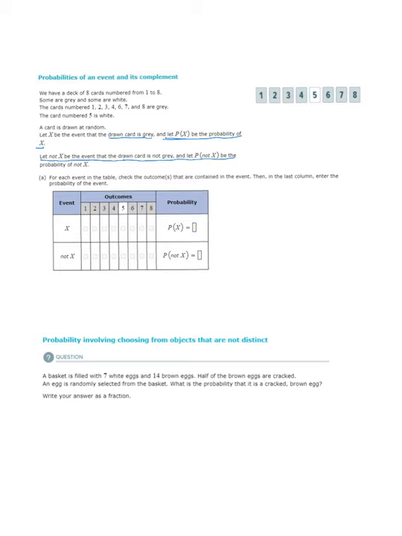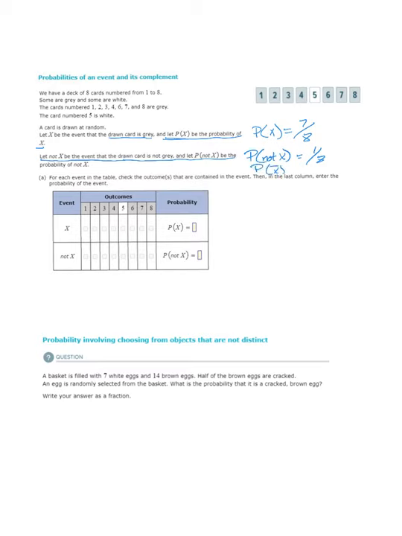So if we look at this, if X is standing for getting a gray card, the probability of getting a gray card is 7 out of 8 chances. The probability of not getting a gray card, there's only 1 out of 8 chances for that happening. Now, this not X, you're going to see that written like that.